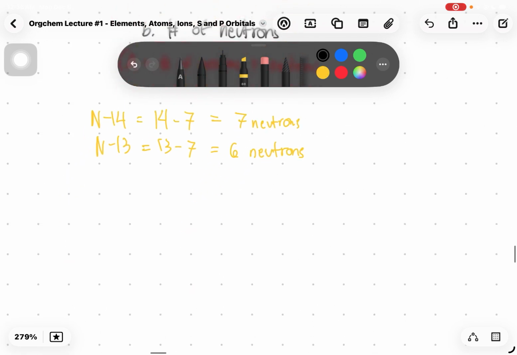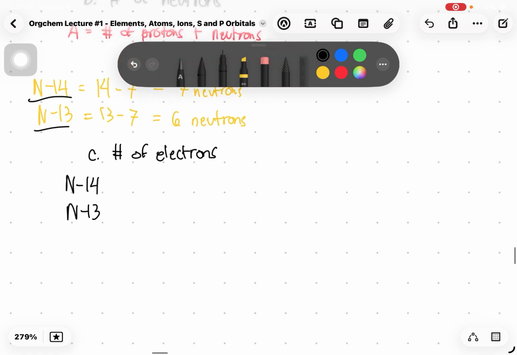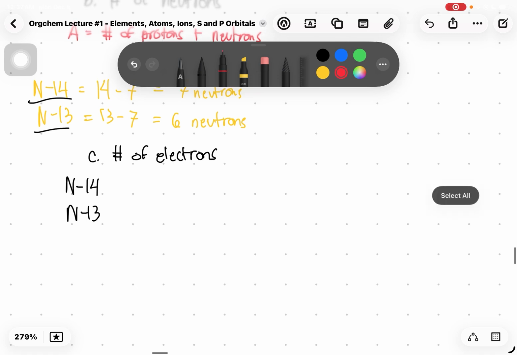Moving on, we have the number of electrons in the neutral atom. Since there are no ions present, and we know that N14 and N13 are both neutral atoms, we just find the number of electrons, sorry. Now how do we find this out? As I stated earlier, the number of electrons should be equal to the number of protons in a neutral atom.